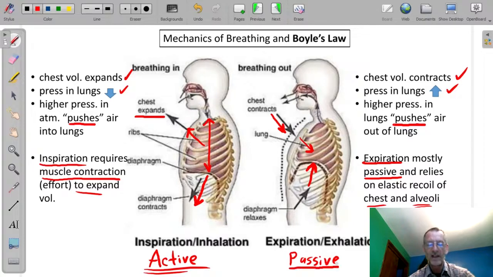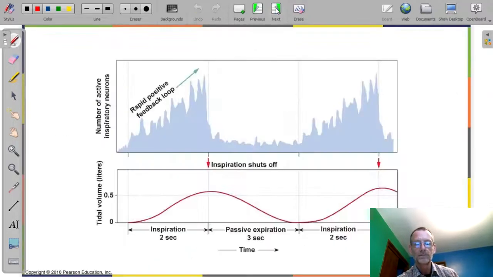So the work of breathing is on the inspiration. I like this figure for a couple of reasons. One, it tells a pretty neat story. And what I encourage students to do in science classes, A&P and 160, is to be comfortable interpreting diagrams and figures.